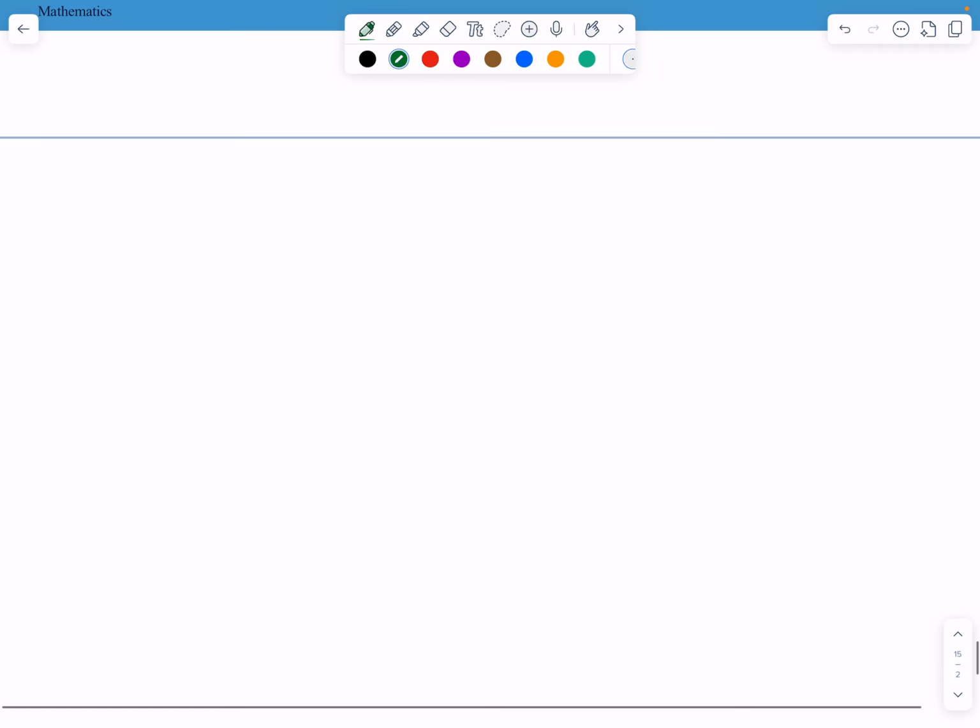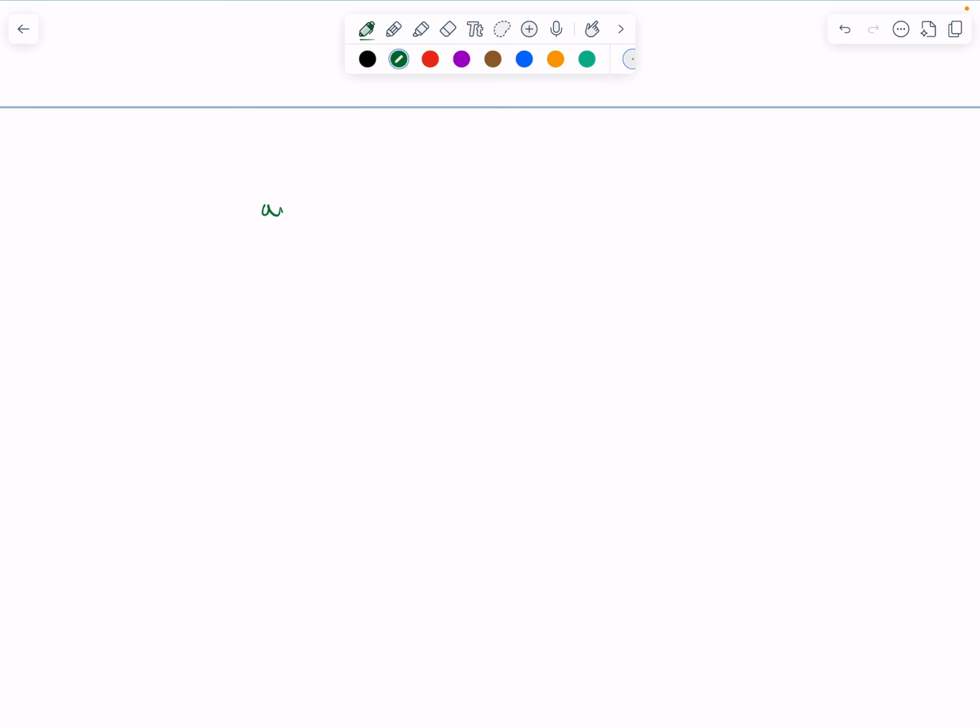So in order to understand how to do this, we have to think in terms of what arc length is. So arc length is the integral of the magnitude. There it is.